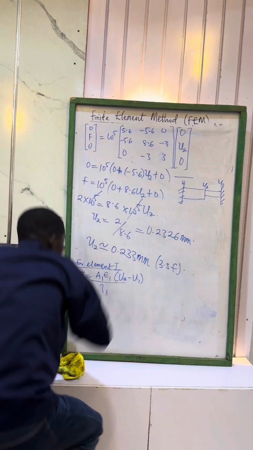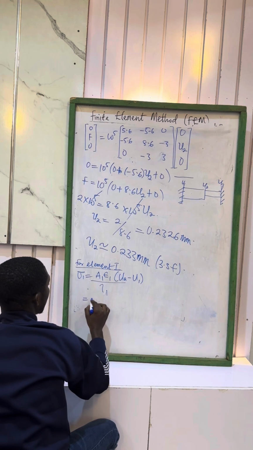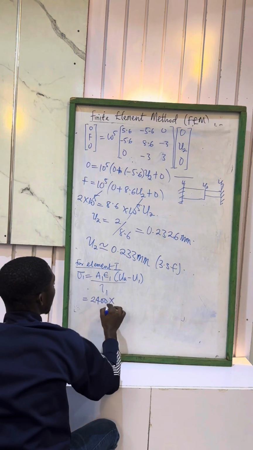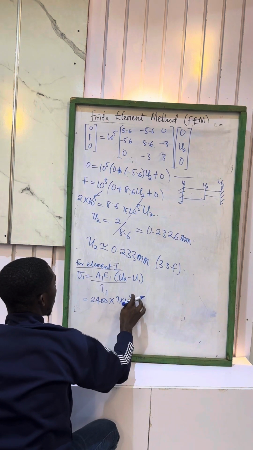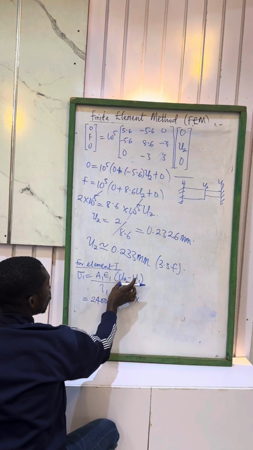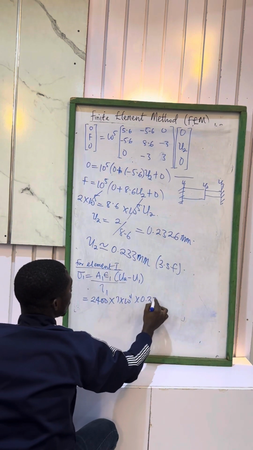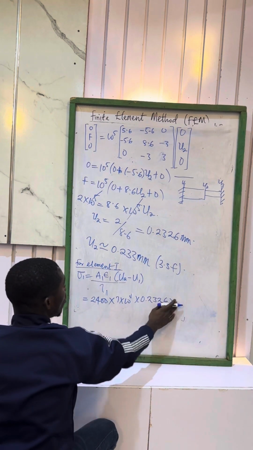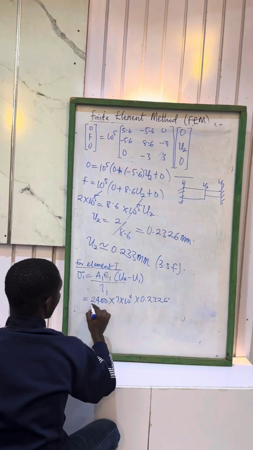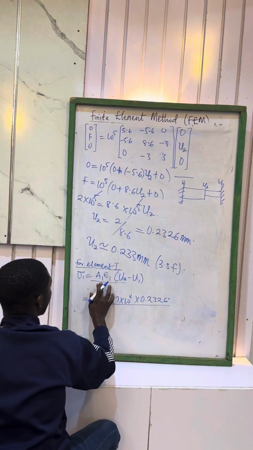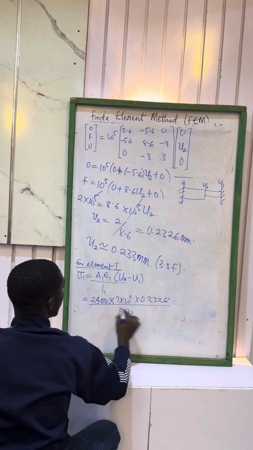So if you now go ahead to determine that, you have our A1, which is 2,400 times 7 times 10 to the power 4, then times our U2, we have gotten that to be 0.2326 times, minus 0, and anything minus 0 is that thing, then over, what is our L1? Our L1 is 300.